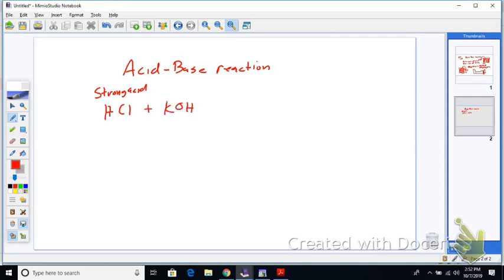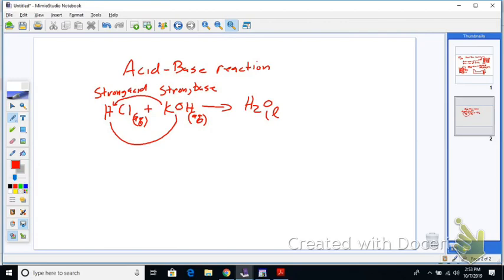Anything that's a metal hydroxide. When we do the reaction, it's a double displacement. This is aqueous, and this is aqueous. We put them together, the front one switches with the K on the front here, and the K switches there. So it becomes H2O liquid plus KCl aqueous.